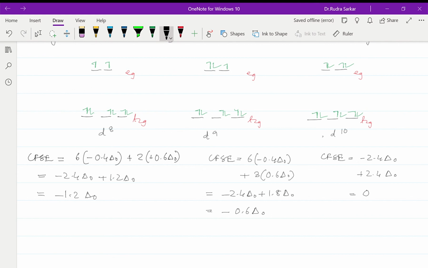So D10 system will be having 0 CFSE. Okay.